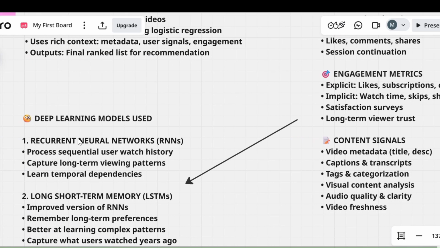And next is the last process: deep learning model usage, meaning AI models.